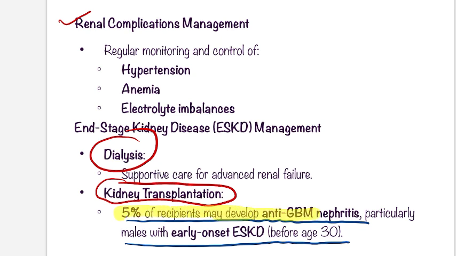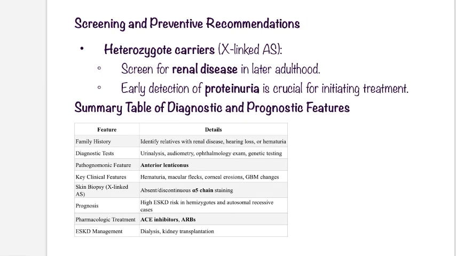How will you screen or prevent? Any recommendation out there? Yes. For heterozygous carriers like X-linked AS, screen for renal disease in later life. Early detection of proteinuria is crucial for initiating treatment, so just screen for proteinuria.